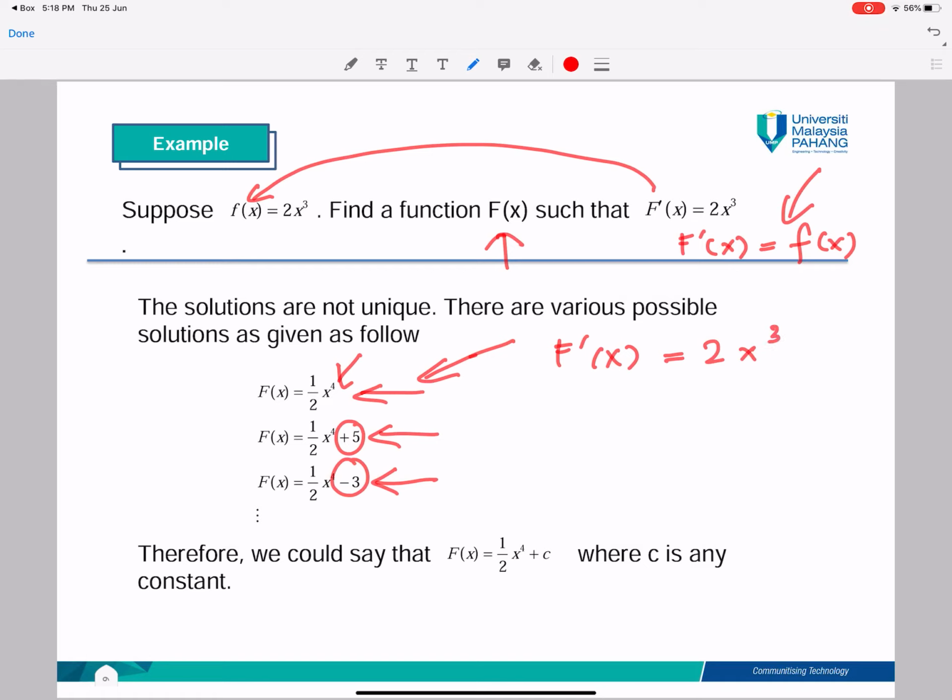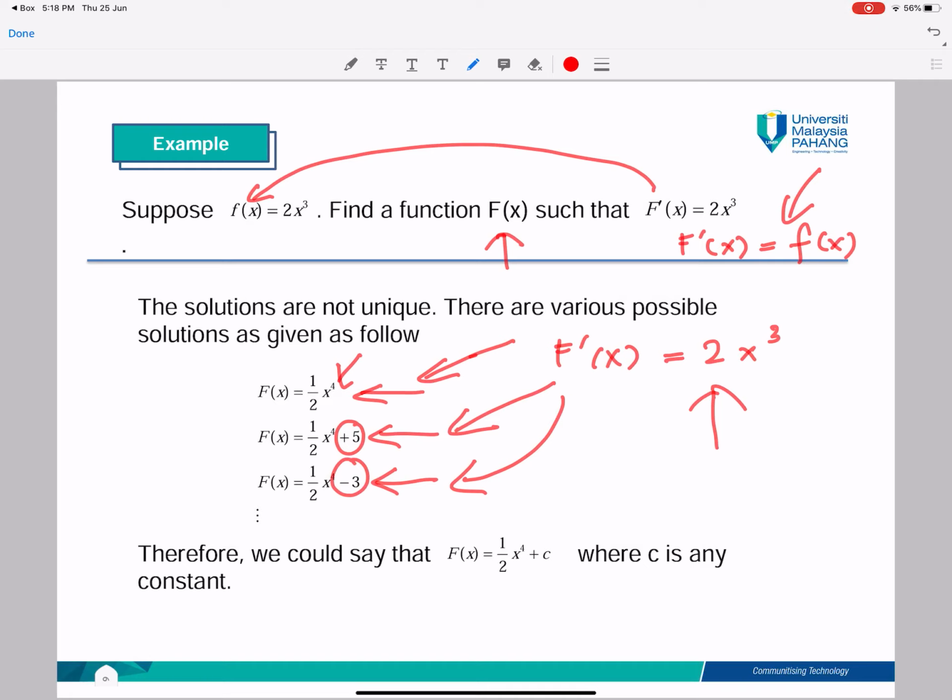This one also you will get capital F'(x) equal to 2x cubed. This one also, and whatever the constant, you still get capital F'(x) equal to 2x cubed.